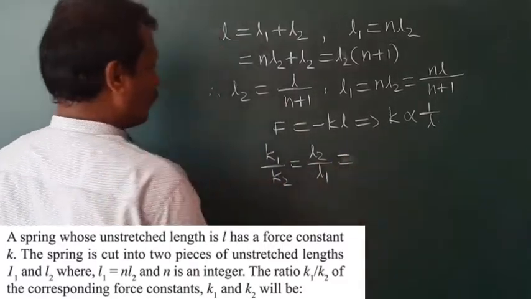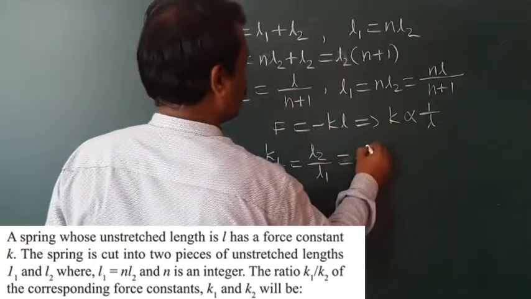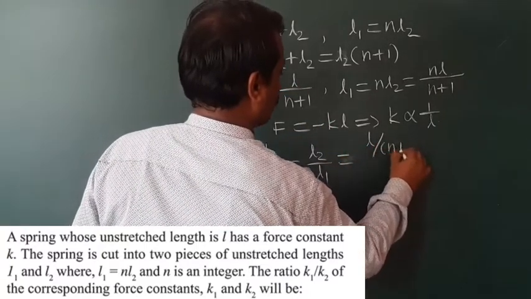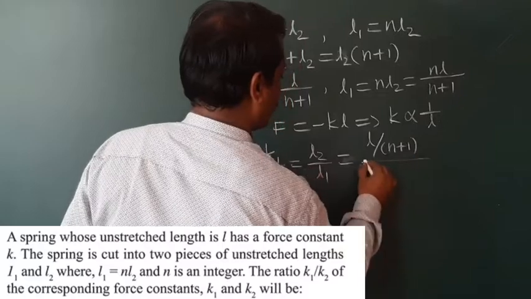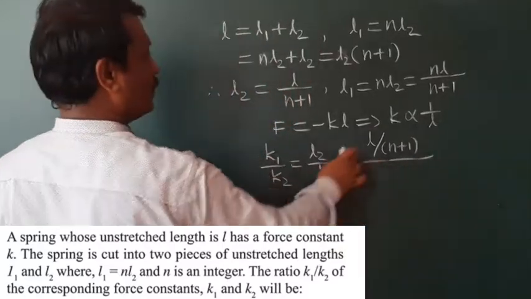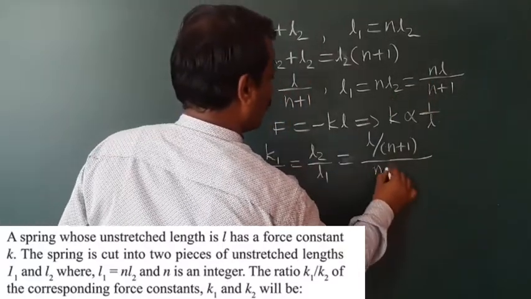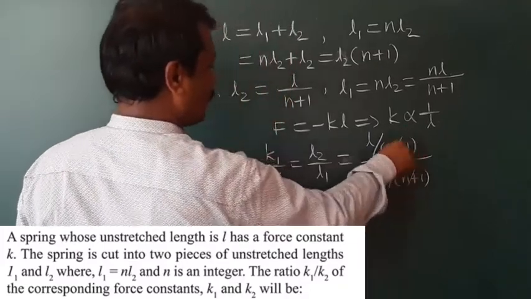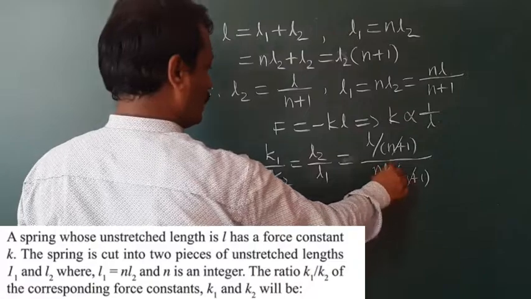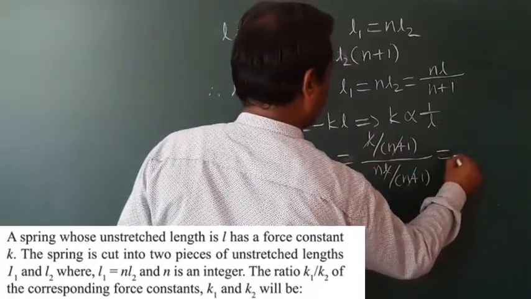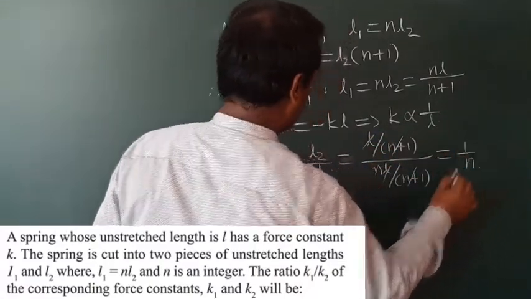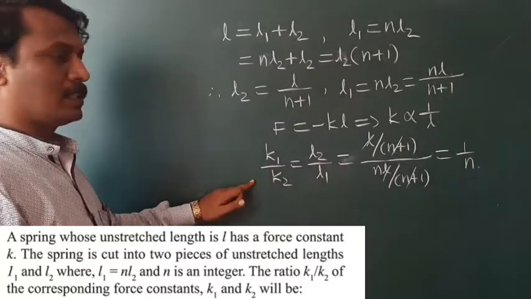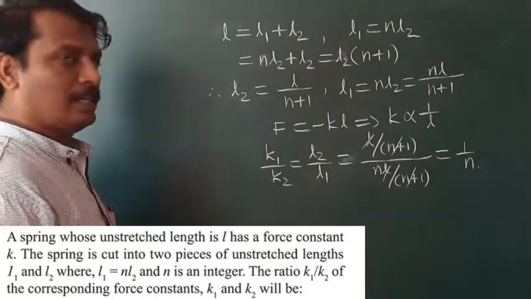So that is equal to, now here L2 is L by N plus 1 and L1 is NL divided by N plus 1. Now here N plus 1 gets cancelled, then L gets cancelled, we get 1 by N. So the ratio of force constants is 1 by N.